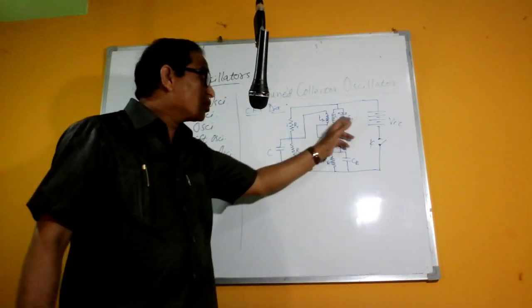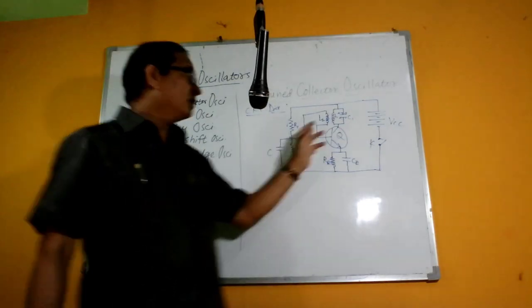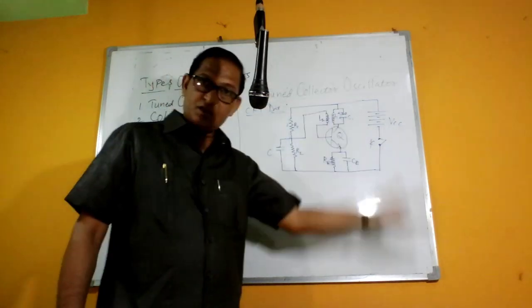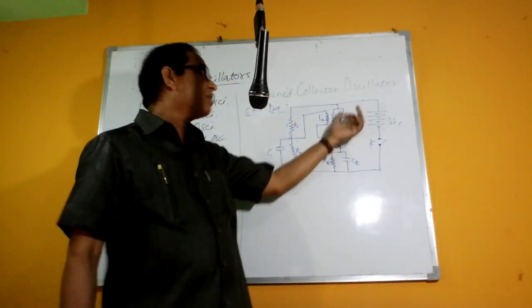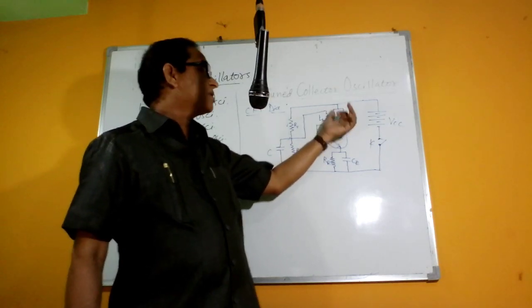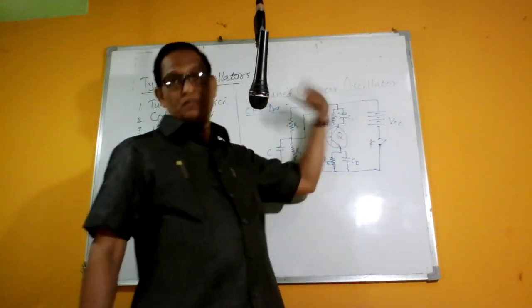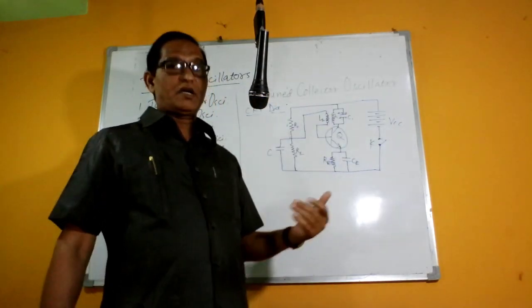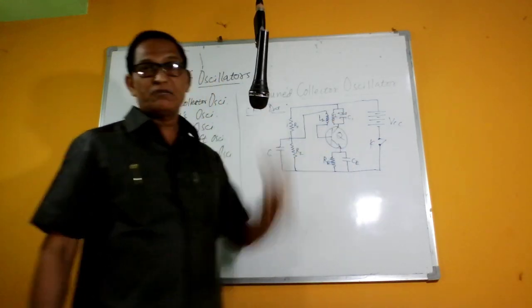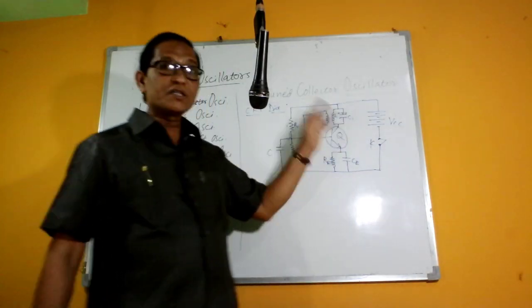So the electrostatic energy has been converted into magnetostatic energy. Then again the magnetostatic energy is converted into electrostatic energy, keeping the same direction as per Lenz's law. Now the condenser will be charged in such a way that the upper plate will be oppositely charged compared to the first one. That is, the upper plate will be negatively charged and the lower plate will be positively charged. Further, there is a change in the energy again.